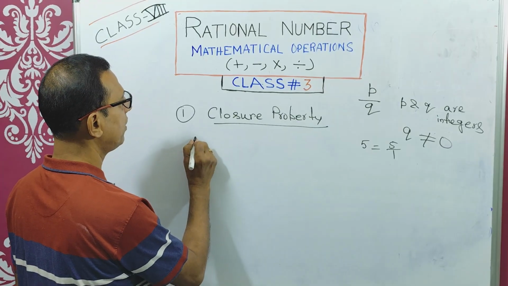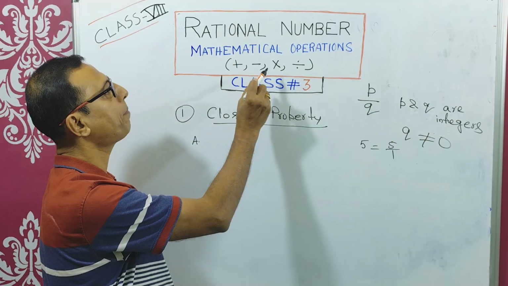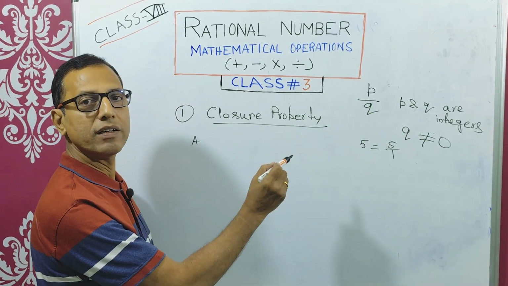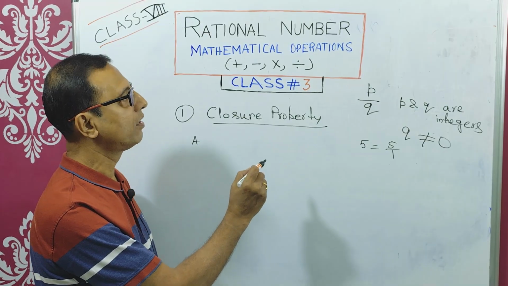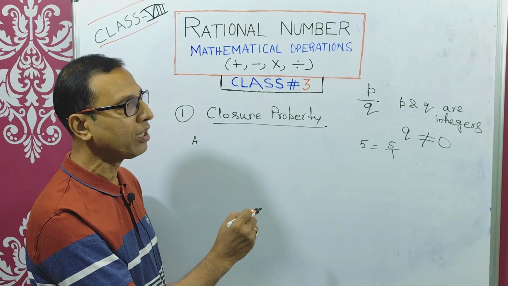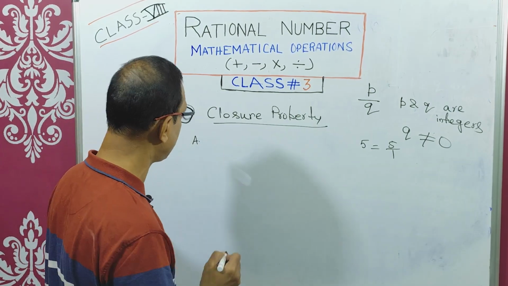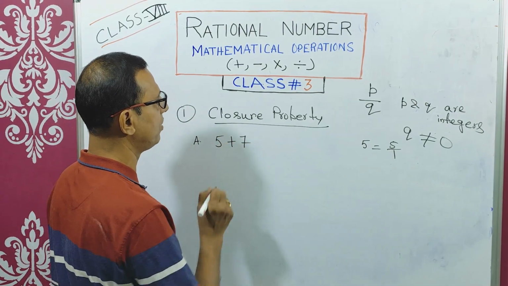Closure property means if you add or subtract or multiply or divide two rational numbers, and the result is also a rational number, then it is called closure property supported by that operation.